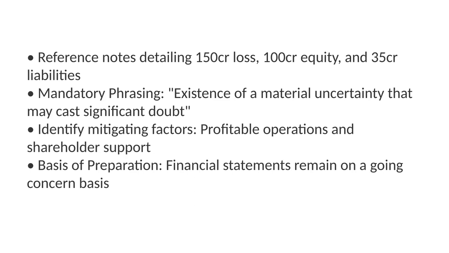Then, you must mention the mitigating factors. Explain that the company's survival depends on establishing profitable operations and receiving continuing financial support from its key shareholders. State that because of these factors, the financial statements are prepared on a going concern basis and no further adjustments were made.